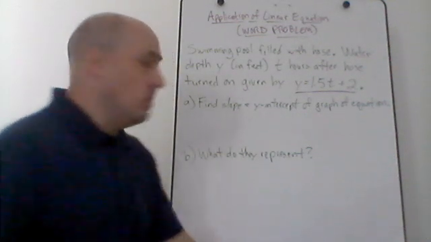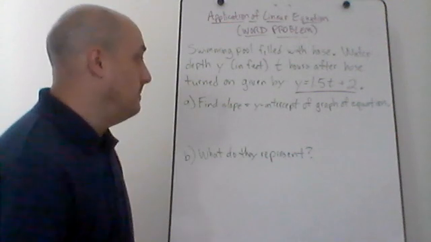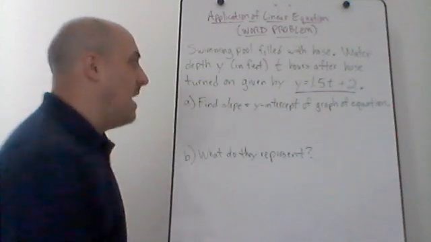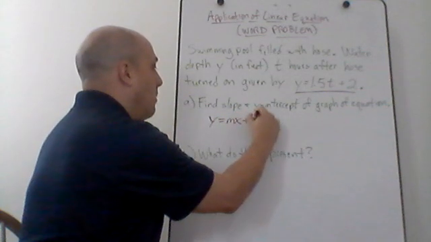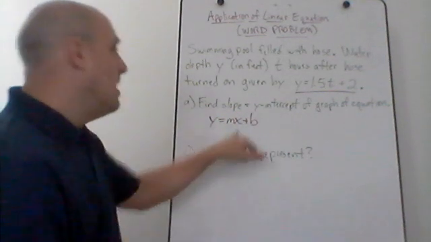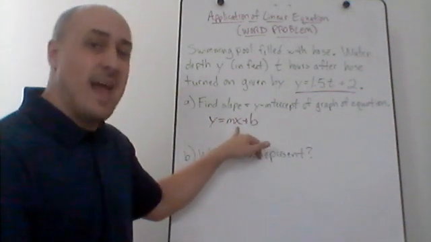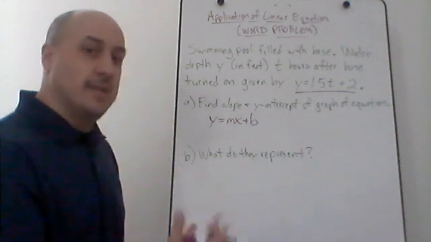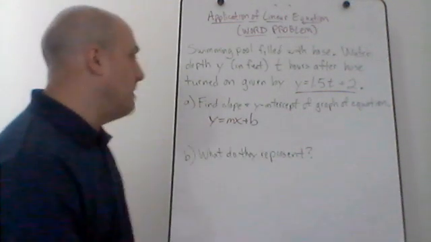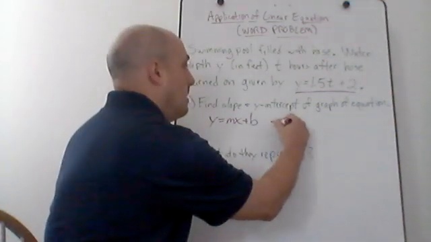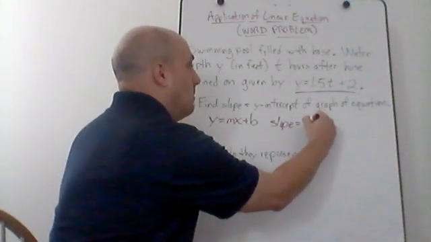Now the question is, what form is that linear equation in? Well, it's y equals 1.5t plus 2. That's in the slope-intercept form, y equals mx plus b. In this case, we have a t instead of an x as a variable, but the t just takes the place of the x. So I recognize that this is the slope-intercept form, which means my slope, m, is equal to 1.5.